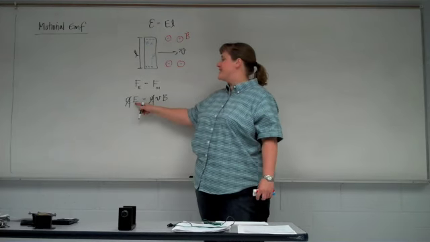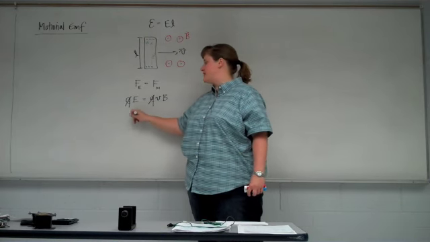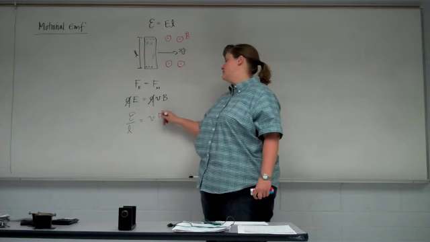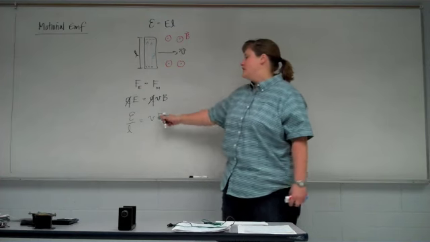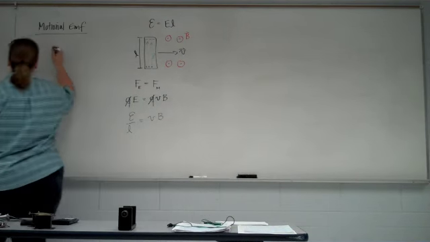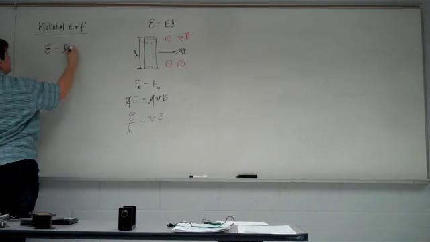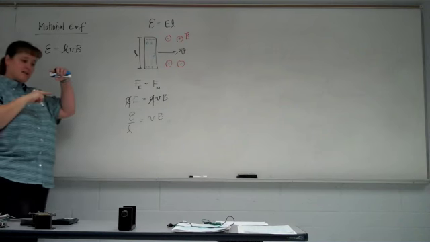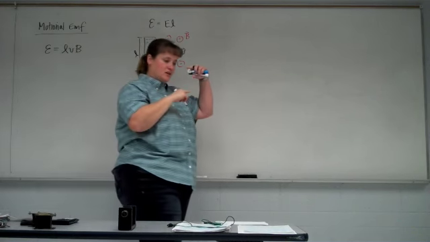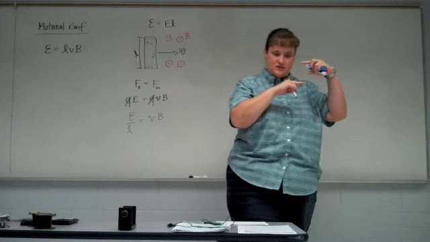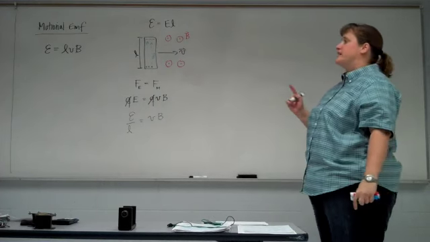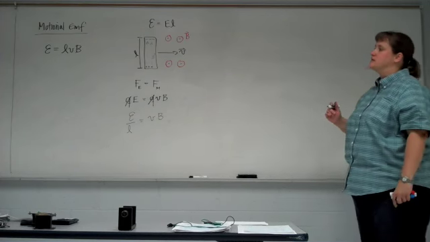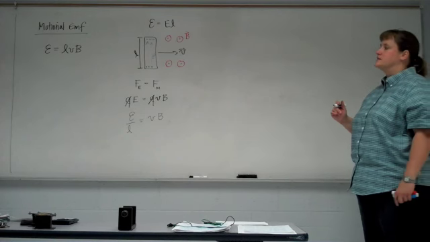So in place of electric field down here, we can put the EMF over L. So this EMF depends upon how far apart those charges get separated, so the size of the conductor passing through the field. V depends upon how fast that conductor is moving. And B, the magnetic field.